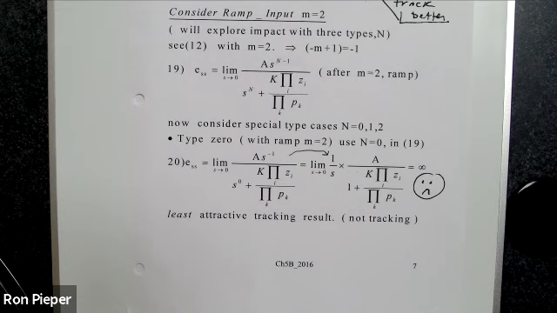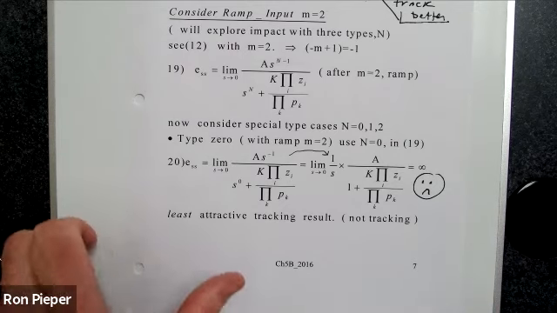The input and the output are diverging even in the steady state, when you argue there's no steady state here. Okay, so that's for the type 0.